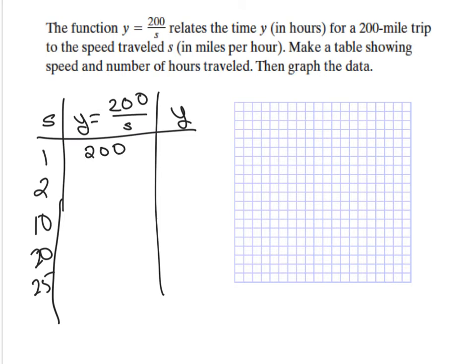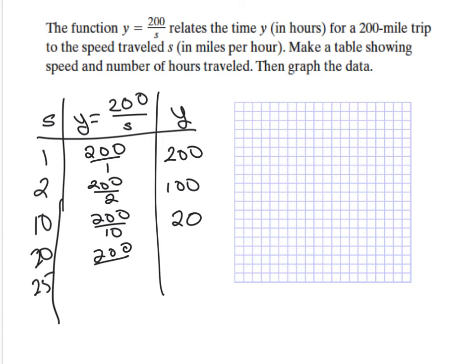So 200 divided by 1 is 200. 200 divided by 2 is 100. 200 divided by 10 is 20. 200 divided by 20 is 10. And 200 divided by 25 is 8.